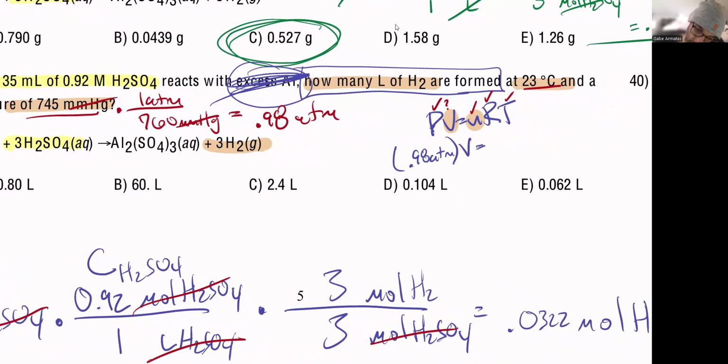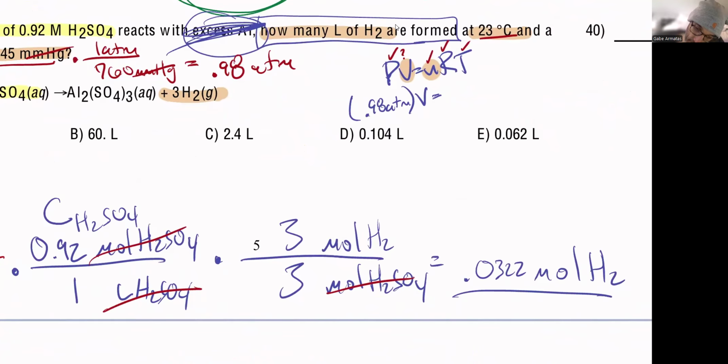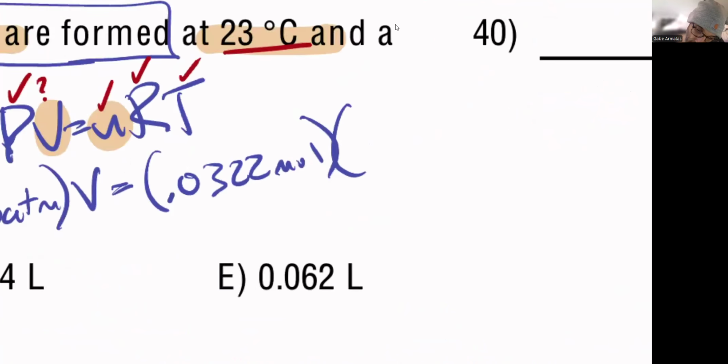We are looking for volume. We have moles: 0.0322 moles. My R value, which you're provided, is 0.0821 liter atmospheres per mole Kelvin.